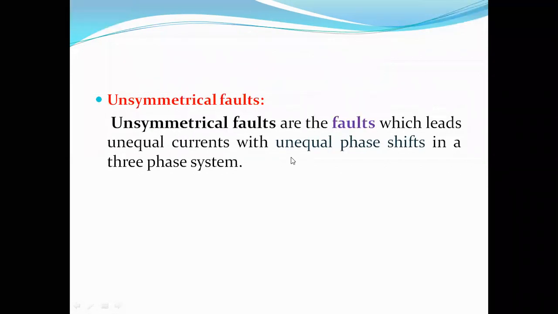Now, unsymmetrical faults. Unsymmetrical faults are faults which lead to unequal currents with unequal phase shifts in a three-phase system. Unequal current and unequal phase shifts mean the same thing.